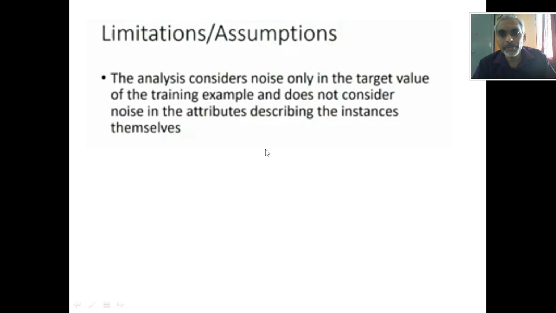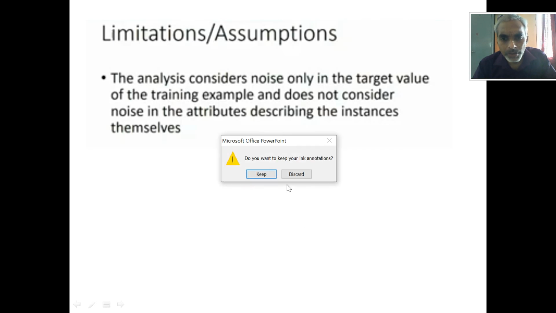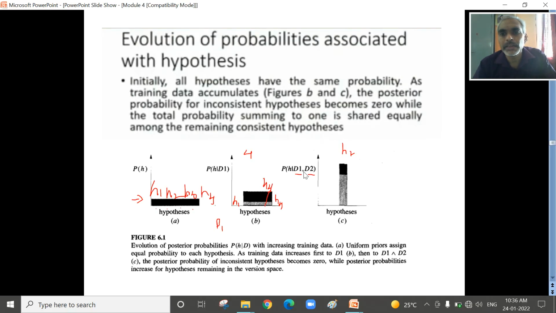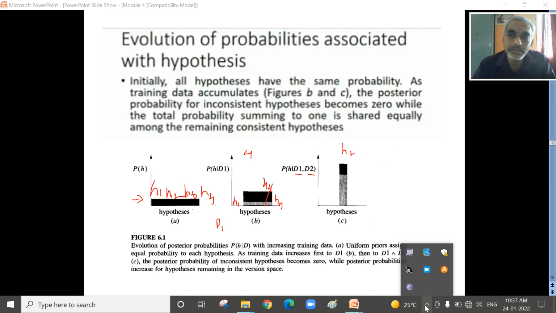Because this particular content has a lot of mathematical equations, kindly go through this once, try to understand this topic, and whatever doubt is there, you can ask me later so that we can try to clear it.